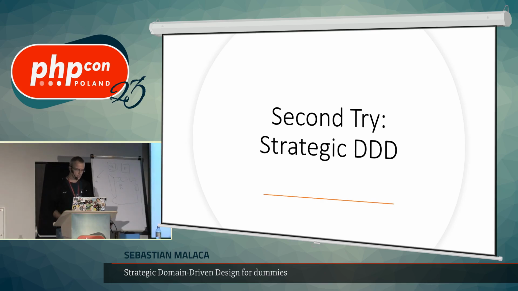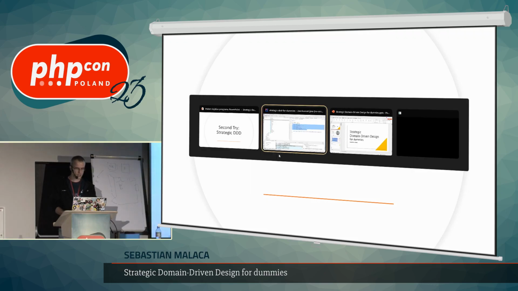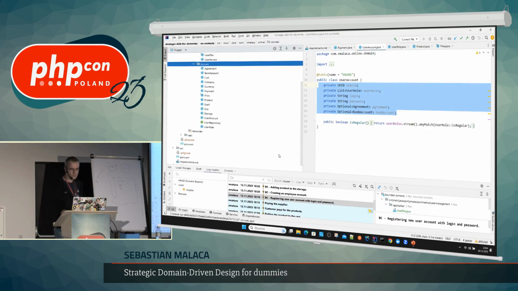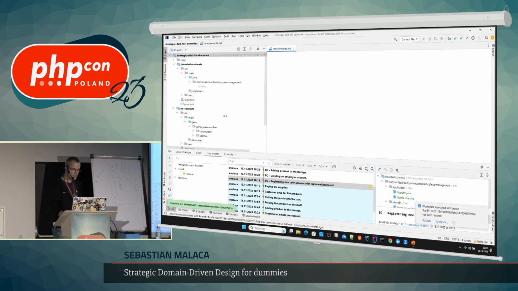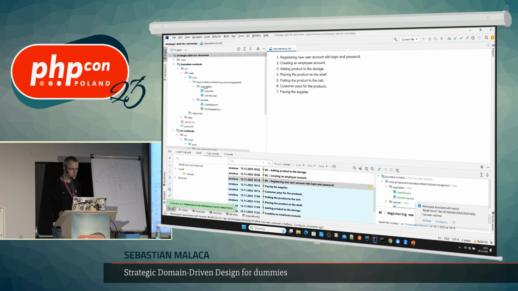Second try. Having all that just covered, let's try to do something with our requirements. So registering a user account with login and password will be quite straightforward because we are doing almost the same. All the objects are here: user DTO, user service, user account. No fancy thing.